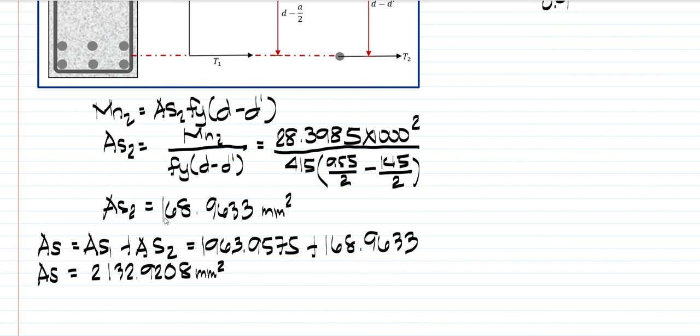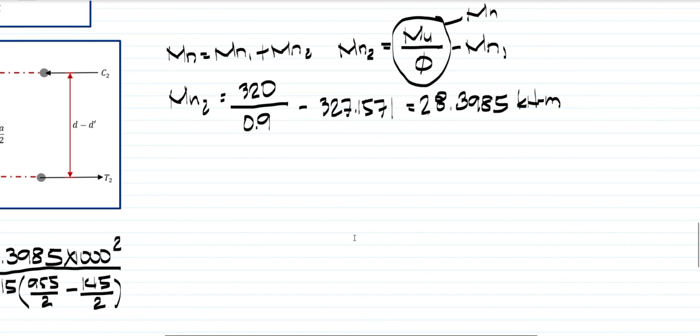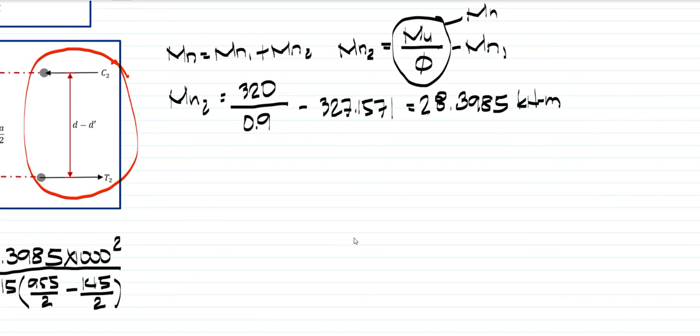This is our tension steel area coming from the design. We are not done yet, because we have to determine the compression steel area since this is a doubly reinforced beam. We can get that by using the equilibrium equation for the second diagram. So that is C2 equal to T2.